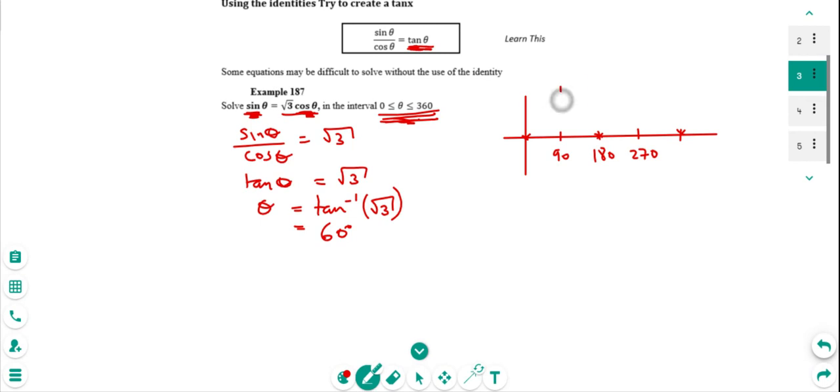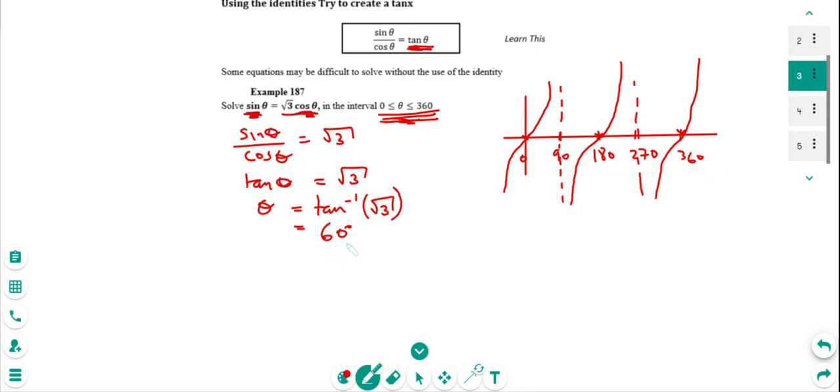So I can draw the asymptotes as a dotted line. And our tan graph will look something like this, where it will approach the asymptotes but never actually touch them. So that's our tan graph between 0 degrees and 360 degrees.